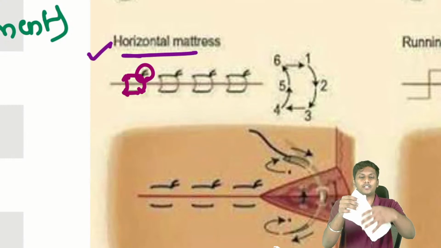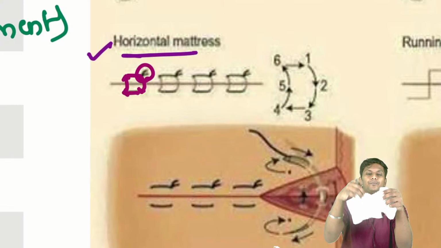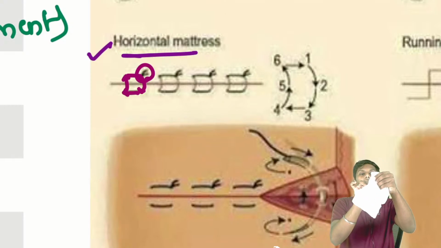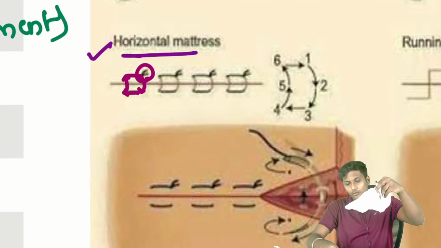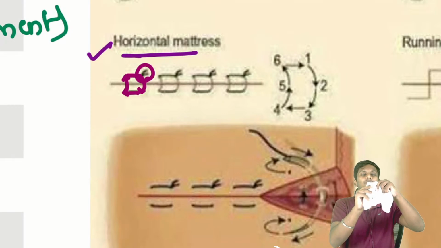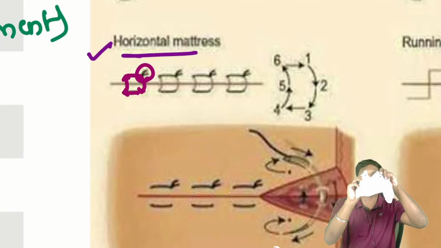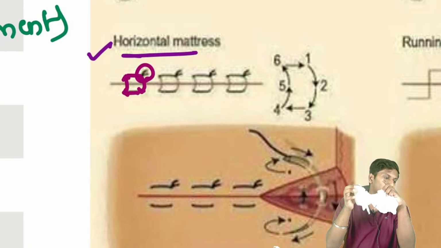How we are going to suture it is, see, for example, I am going to take a bite from here. ठीक है, and now we are going to come back from here. थोड़ा सा आगे जाके वापस आना है. This type of suture is known as a horizontal mattress suture. I've come from here, I've traveled a distance, I've come back from some distance. This is a horizontal mattress suture.